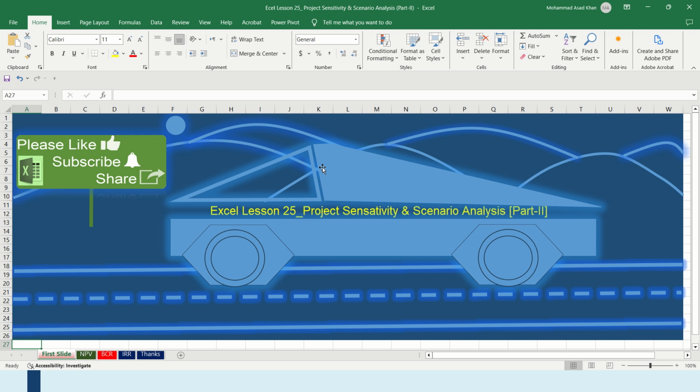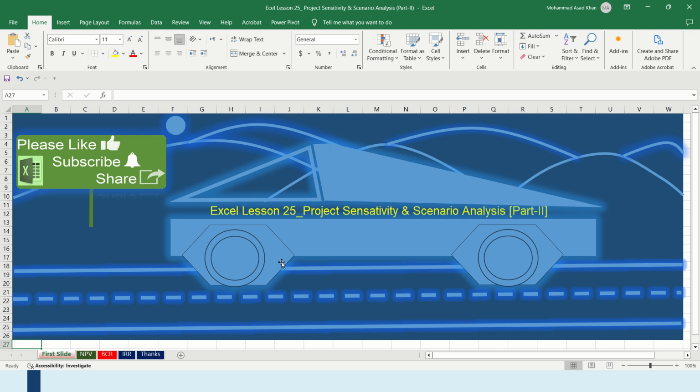For that purpose, you have given him the three concepts of NPV, BCR, and IRR, the concepts and the figures too. The next thing was, he was interested in what if the scenario, what if the situation changes, what if the basic inputs of the project change, how would it affect the overall benefits of the project.